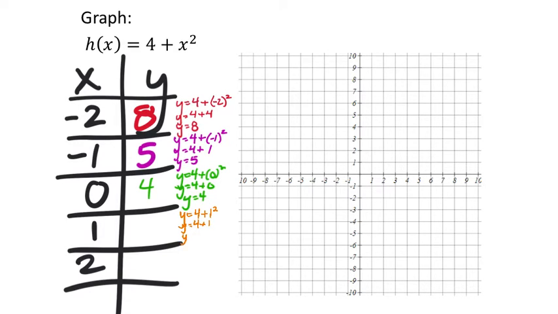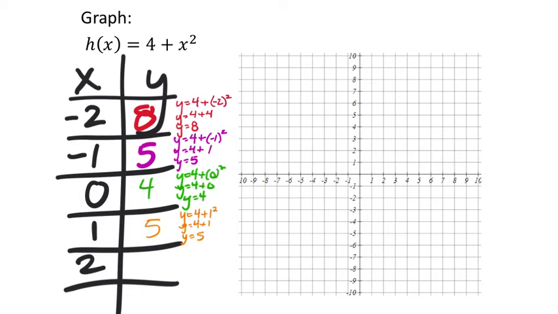And 4 plus 1 is 5. So we have this other ordered pair, 1, 5. Now you see this 5 how it repeated? That means that the tip of this thing, also known as a vertex, if you're wondering about that, would be this ordered pair right here. It's the y-intercept for us, okay? Now, is it always going to be the y-intercept? Not necessarily, depending on what they do to the equation.